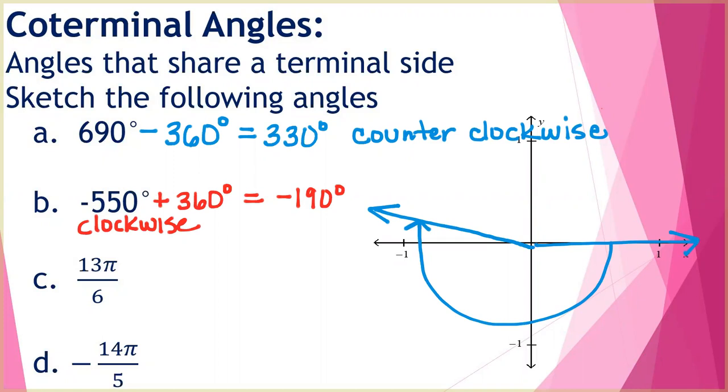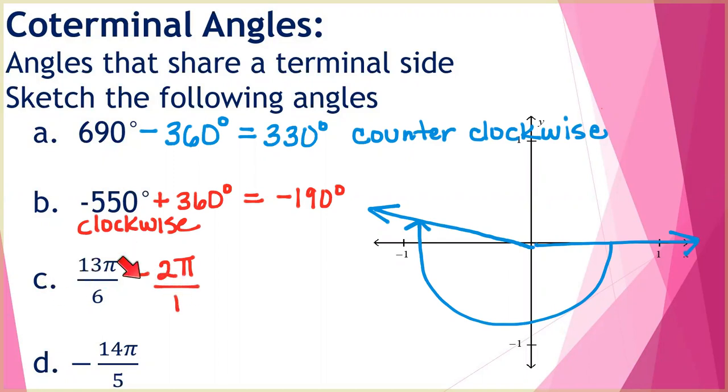Now, radians are a little bit harder, again, because it's fractions, okay? So if you were to take in your calculator, if you divide 13 by 6, you get a number greater than 2. Remember, 2 pi is the same as 360. So I need to subtract 2 pi. Okay, so in order to subtract 2 pi though, going back to fractions, you would need a common denominator.